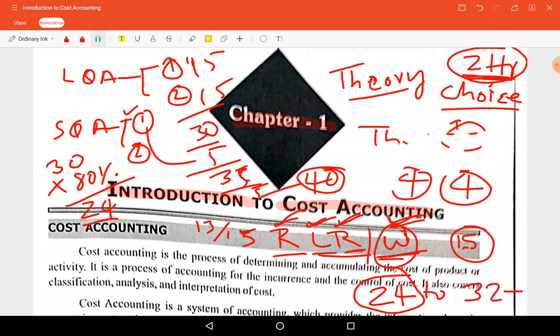In any subject, the introduction chapter is very important, because what is that subject, what is the scope, what are the functions, what is its importance, advantages, and other things relating to that subject will be specified in the introduction chapter itself. So if you understand the introductory part, the rest of the things can be easily done. So don't neglect the theory part, I am saying.